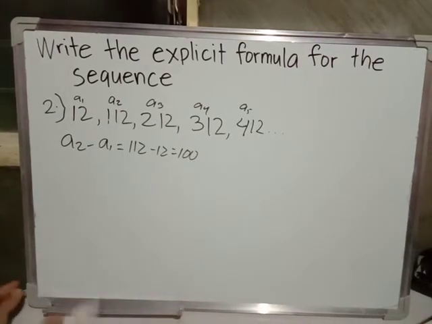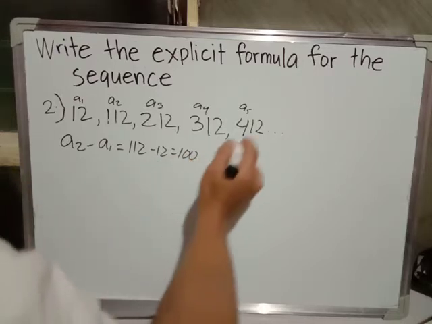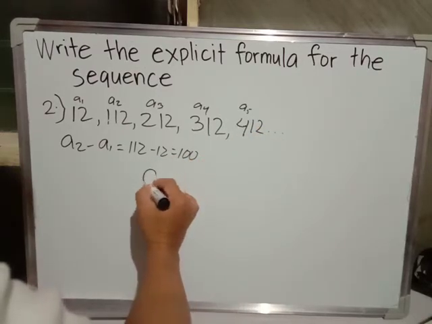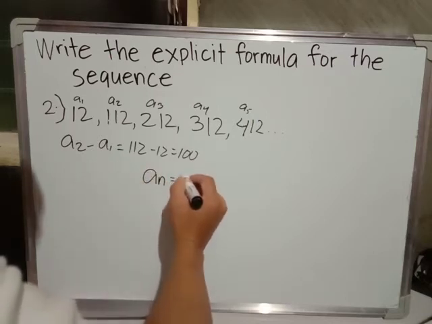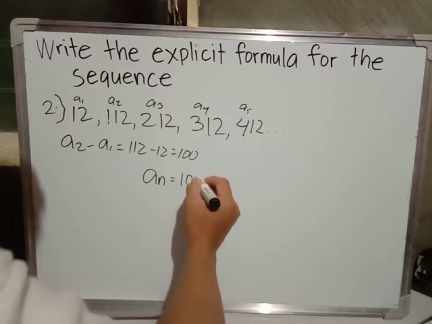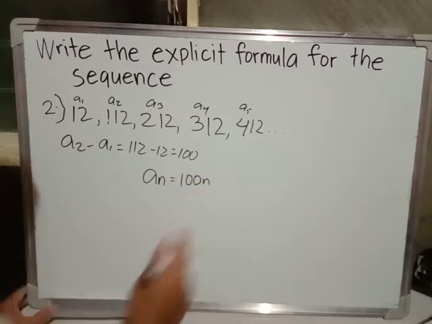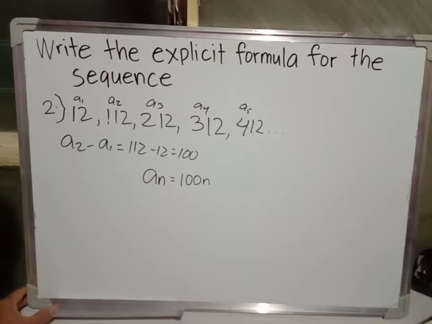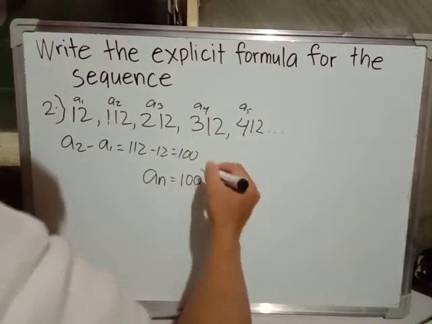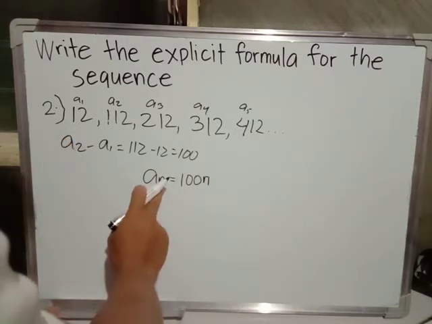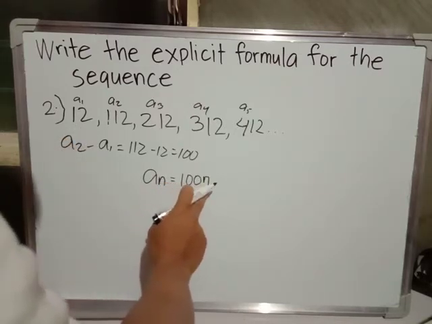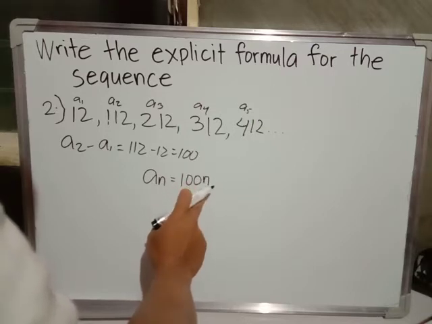Since we found the common difference throughout the sequence, we can write the explicit formula easily. En is equal to 100n. For example, E1 is simply 100 times 1, which is 100.